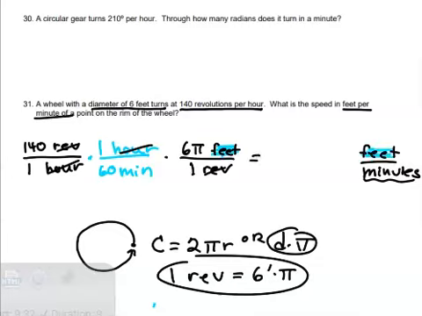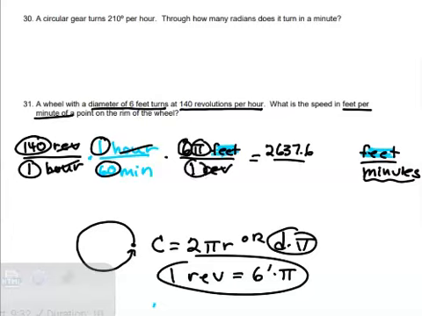So now I can go ahead and multiply. 140 times 1 times 6 times pi gives me 2,637.6 divided by 1 times 60 times 1, which is 60. I divide the top divided by the bottom, and I get 44 feet per minute.